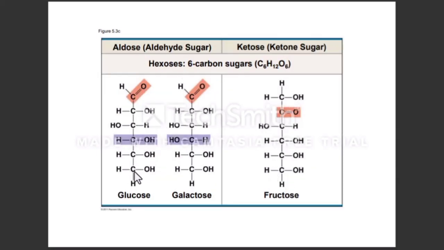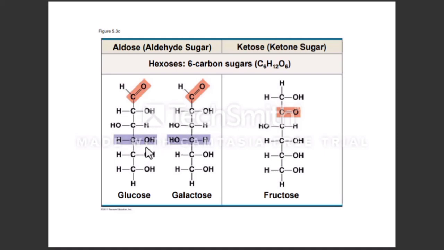Then looking at the hexoses, if you take glucose for example, look at glucose. Glucose has 5 OH groups and a terminal aldehyde functional group. Okay, galactose has still 5 hydroxyl functional groups and a terminal aldehyde group, but now the difference comes at the level of the spatial arrangement of these molecules.